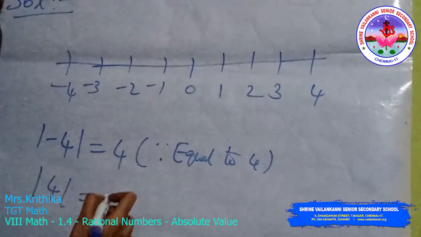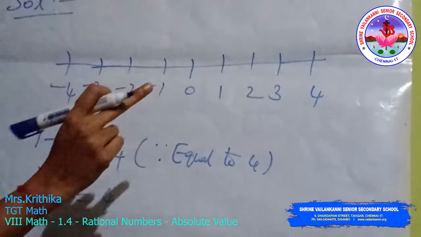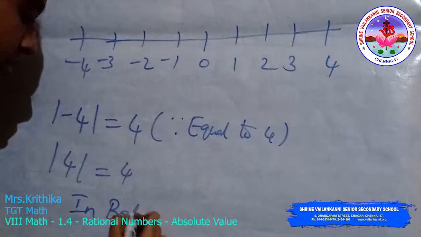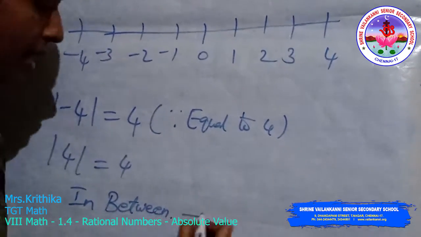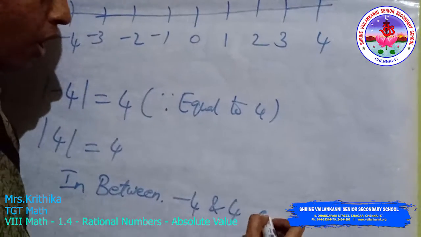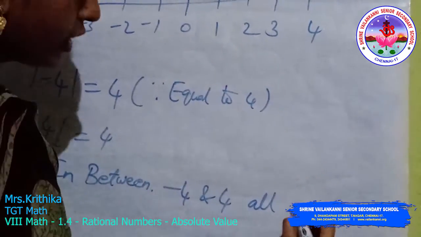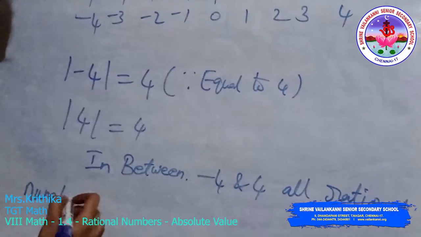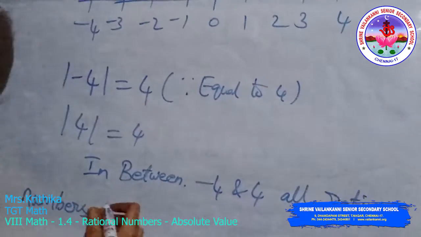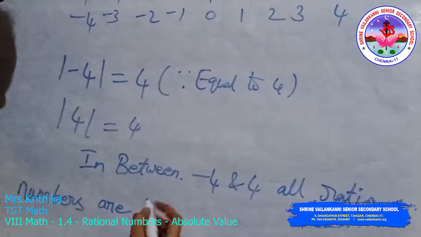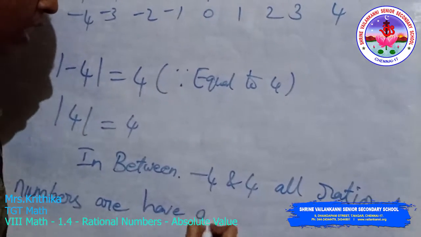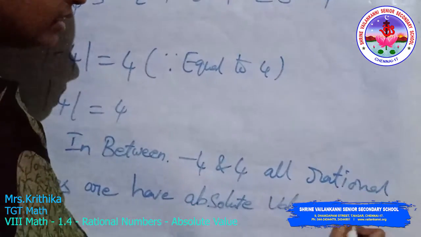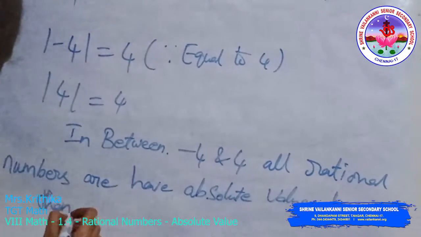Absolute value of 4 is also 4. This is also equal to 4. In between minus 4 and 4, all rational numbers have absolute value less than 4.